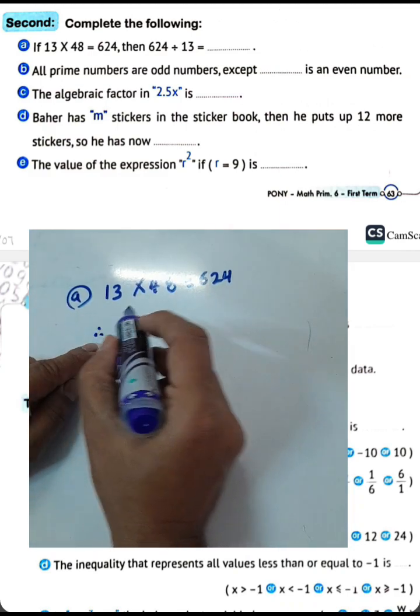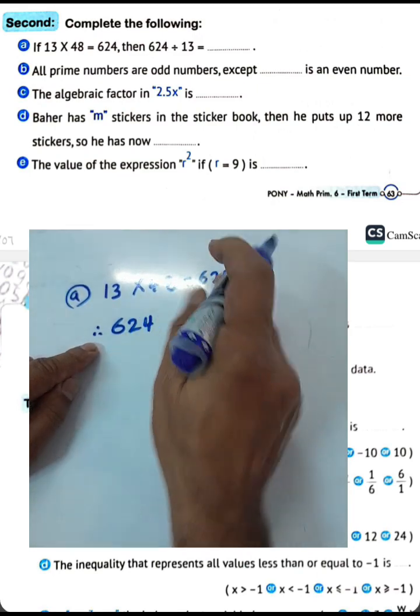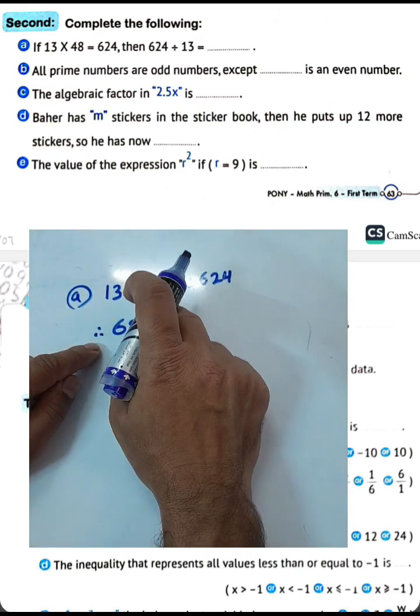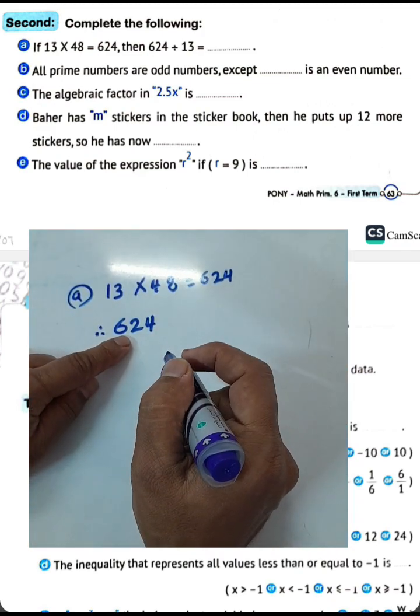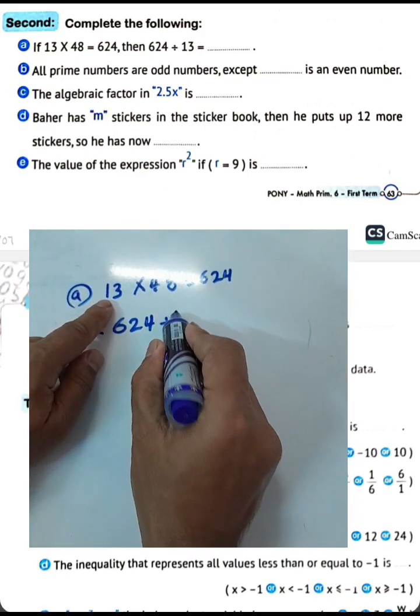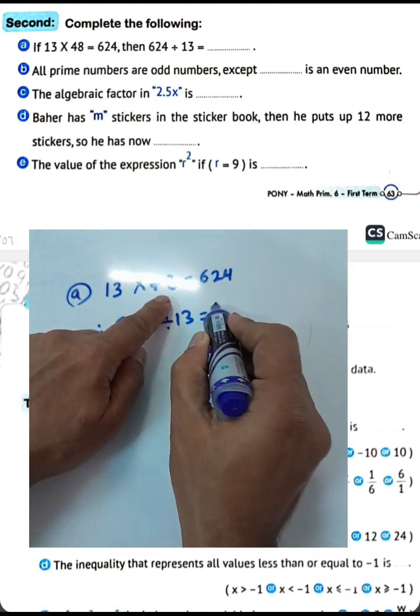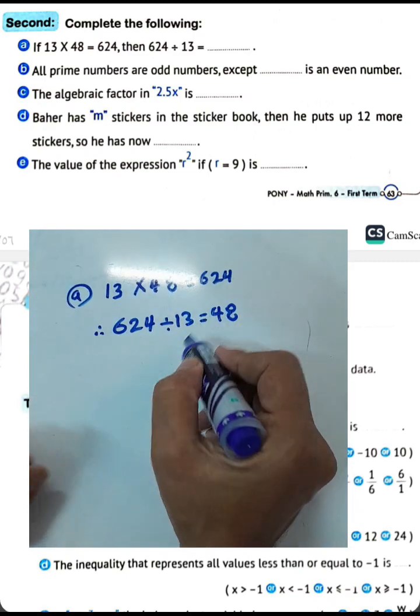Then 624 divided by each factor, the result will be the other factor. 624 divided by 13, the result will be 48 here.